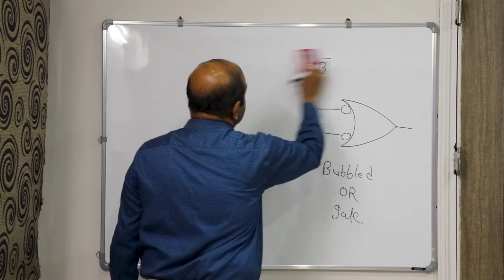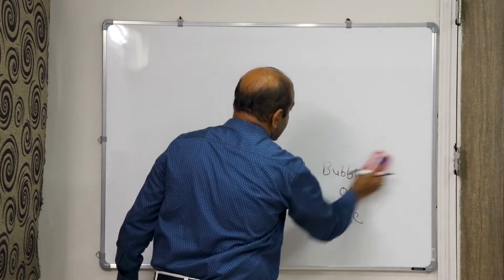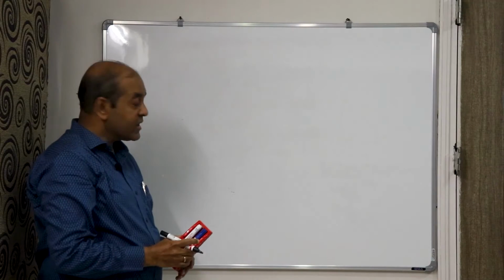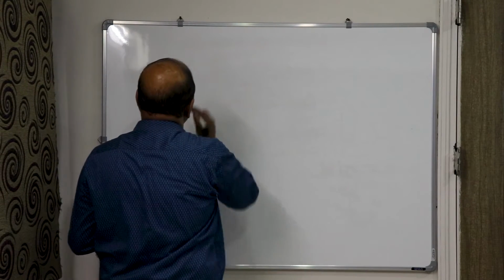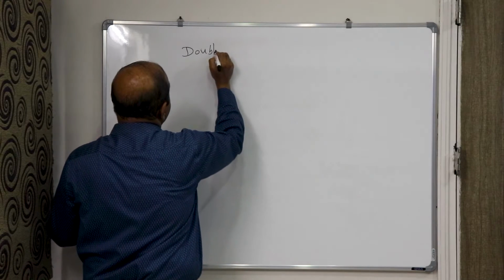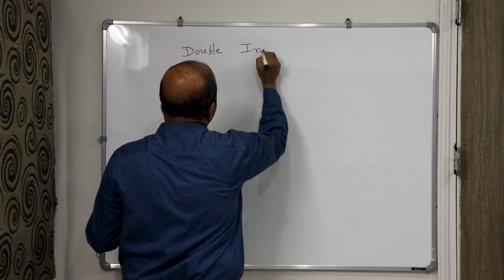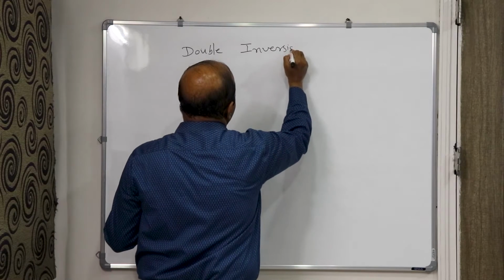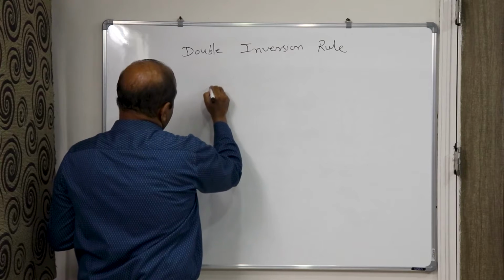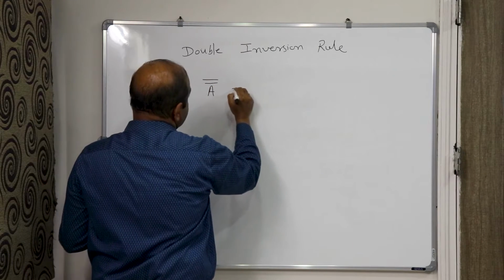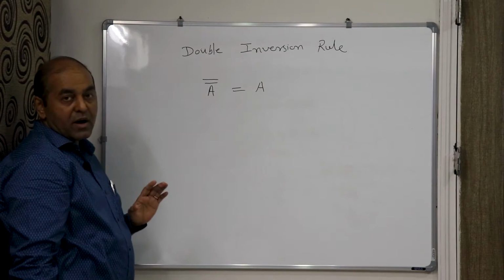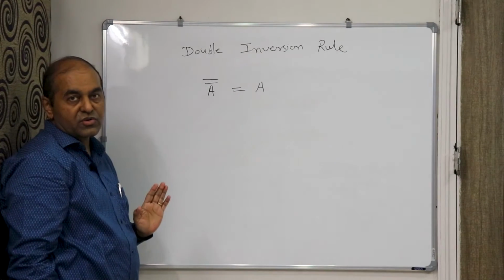After this, one more thing, that is double inversion rule. A double bar is A. A double bar is A. This is double inversion.